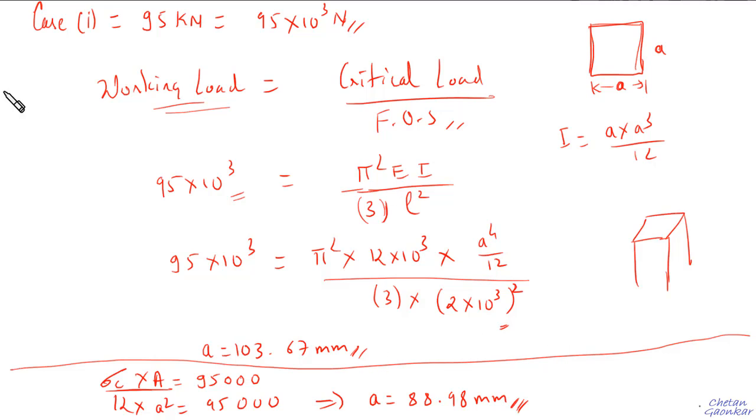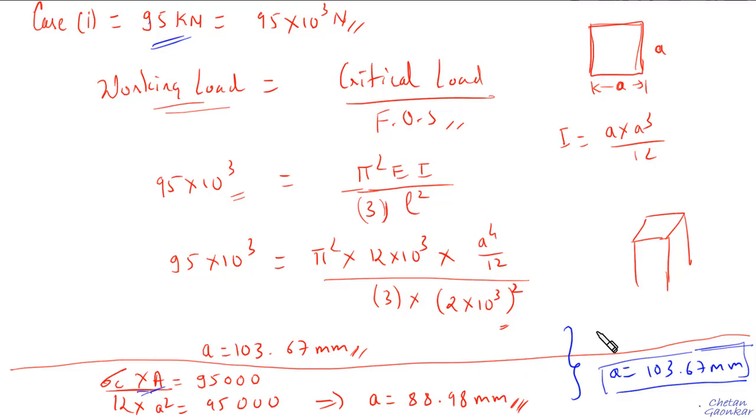So therefore our final dimension for this load of 95 kilonewton will be, A will be equal to 103.67 mm. Because if we build a column of this dimension for a load of 95 kilonewton, it will not only take care of this crippling load or the buckling load, but it will also take care, automatically it will take care of the crushing load also. So we have to construct a column of this dimension.